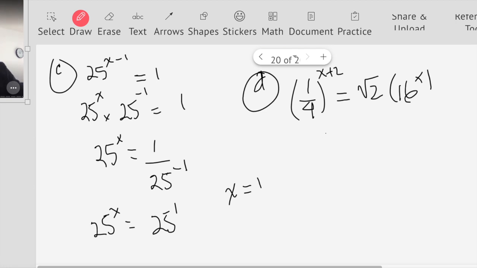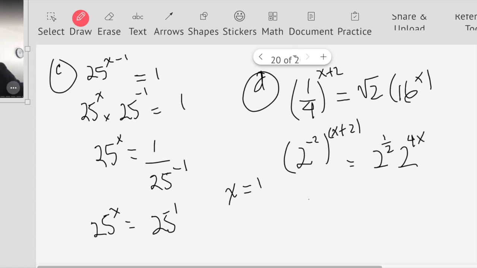I can do this 4 as 2 squared, bring it upstairs, and that'll be 2^(-2) raised to x plus 2. And then this is 2^(1/2), and this is 2^4. 2^4 raised to x is just 2^(4x).